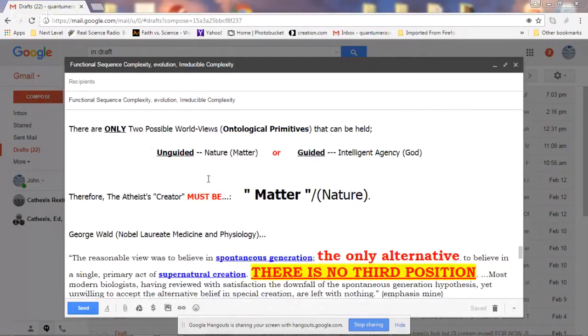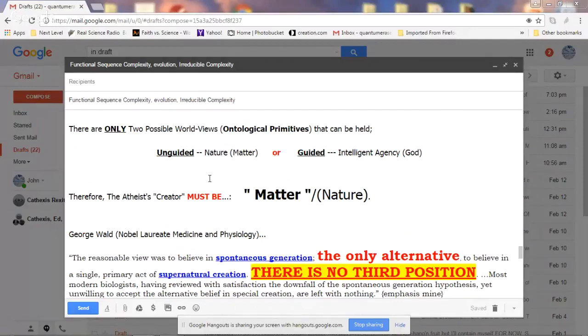Before we start into tonight's presentation, I'm going to talk about functional sequence and specified complexity. But before we go there, I'd like to go back to a subject that we talked about in another episode, because this is pretty important. I'd like to carry this through our presentation tonight, and through any argument or any dealings you have with people.